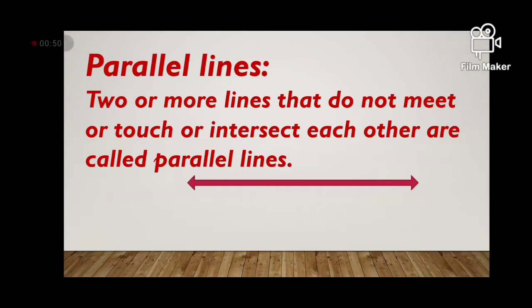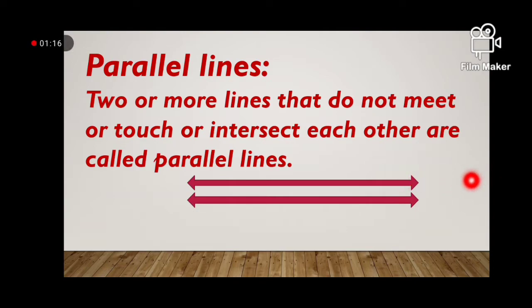This is a line. Now we can make another line that is parallel. Why are they called parallel lines? Because they have the same distance between them. They cannot intersect each other at any point.